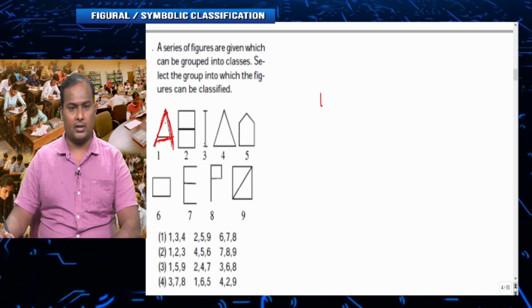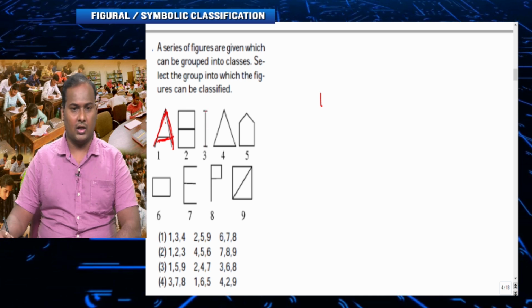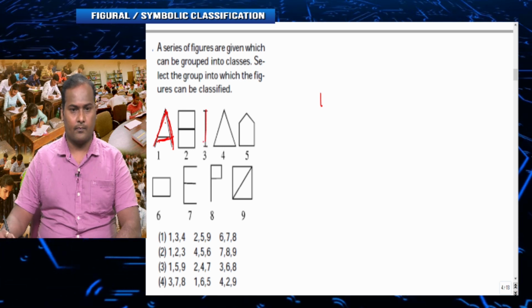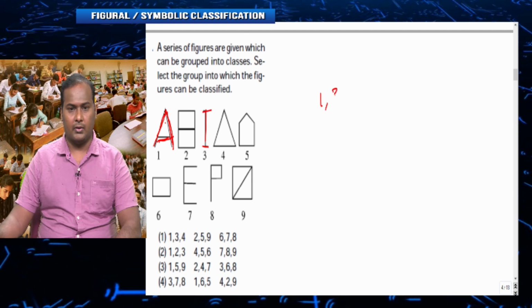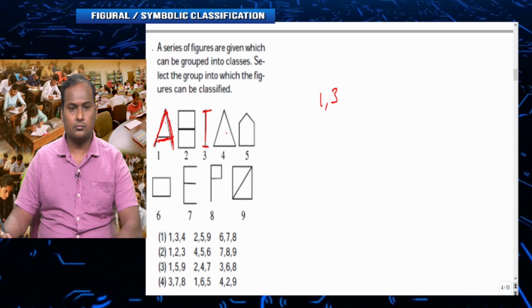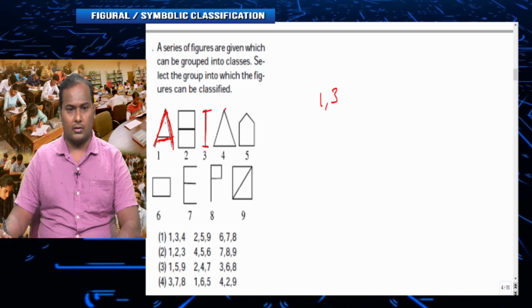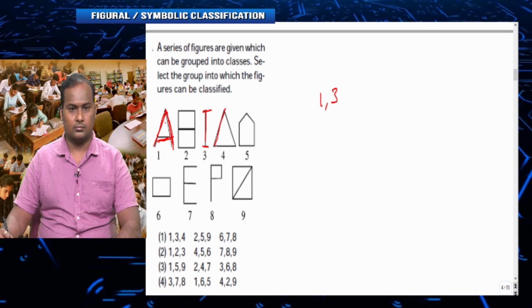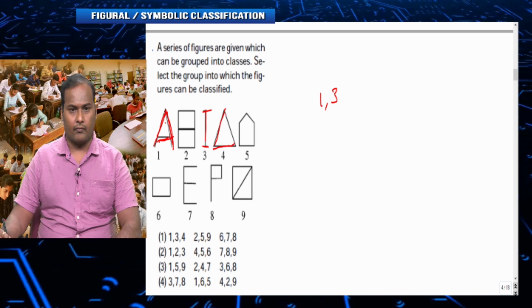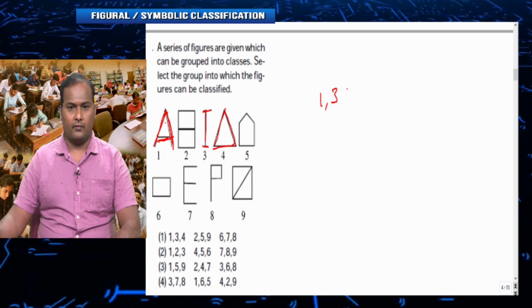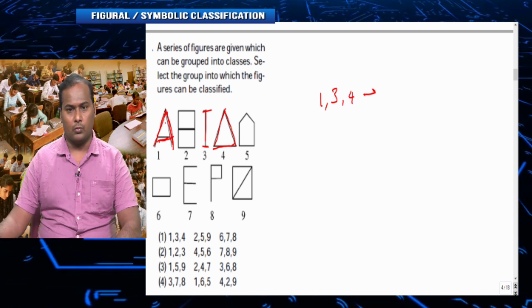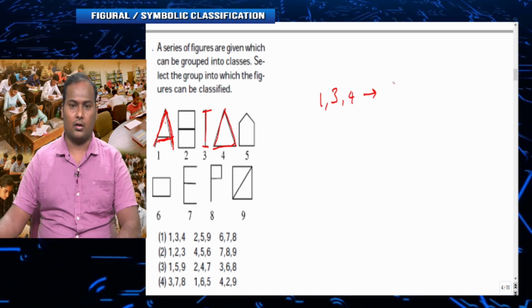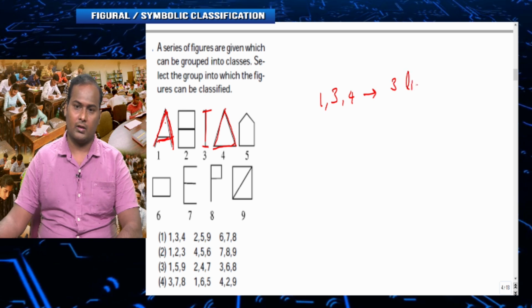Figure 3 also has 3 lines: one line, second line and third line. The fourth one is also formed with 3 lines, 1, 2 and 3. So obviously 1, 3, 4 form a group based on the character of 3 lines.